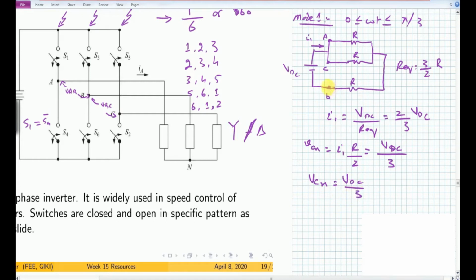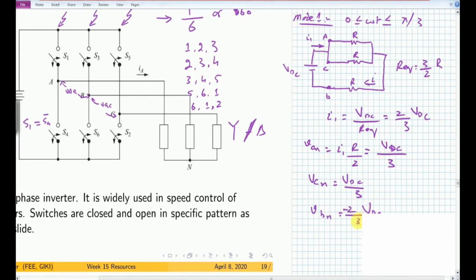However, VB is actually holding the total amount of current here. So VBN is equal to minus 2 by 3 times the VDC. So you can see here for this mode 1, while VA and VC have a voltage equal to 1/3 of the applied voltage, VBN has minus 2 by 3 of the VDC.